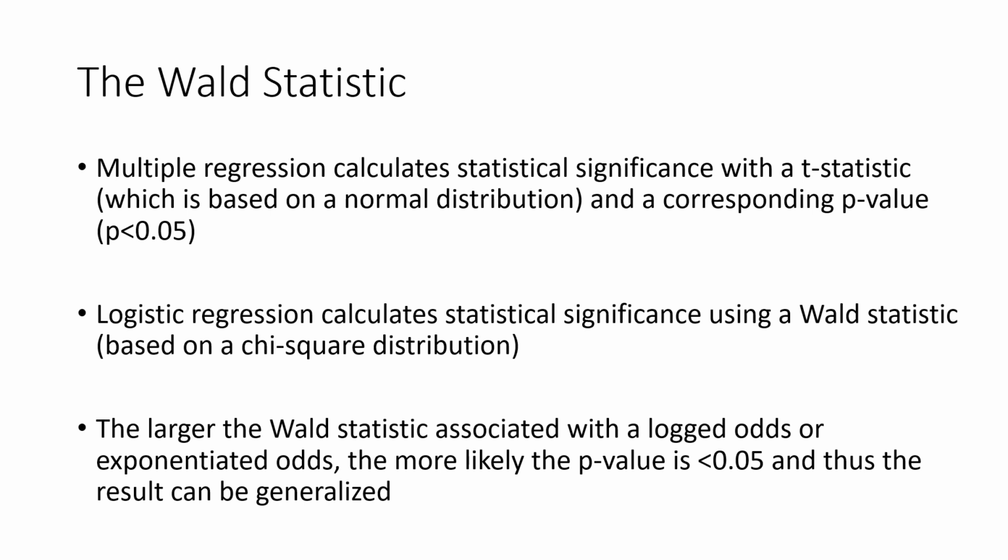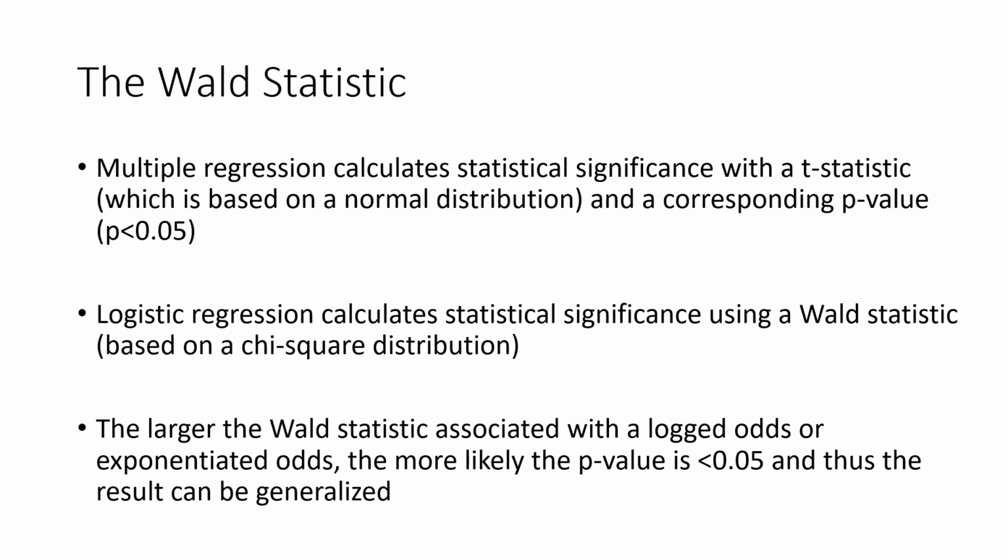And think back to the ANOVA, the analysis of variance. The culmination of an analysis of variance is not a t-statistic, but an f-statistic. And your f-statistic will also correspond to a p-value that will tell you whether or not your ANOVA results can be generalized from the sample to the population.